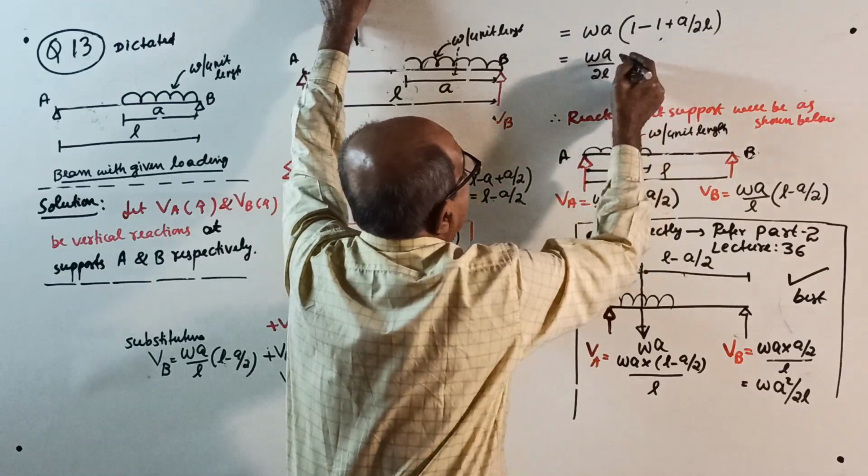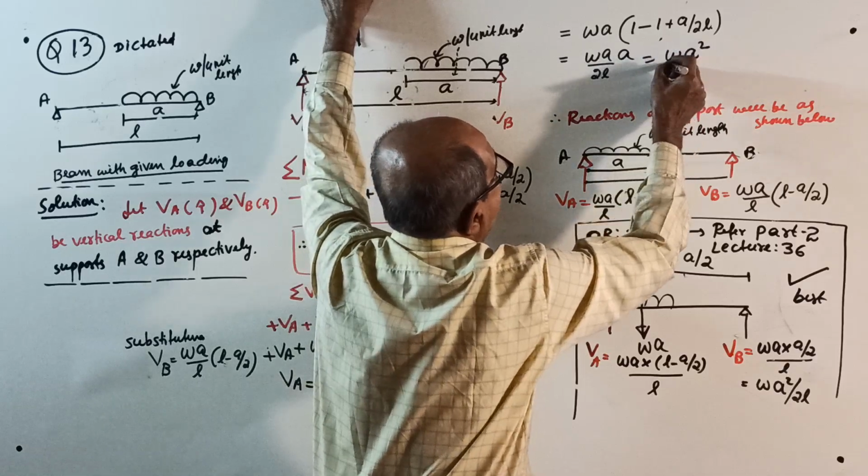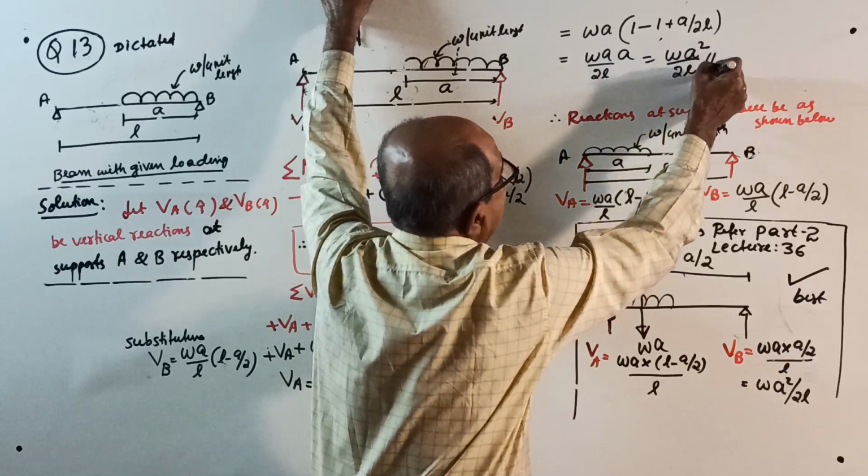WA by 2L into A, or W A square by 2L, is the answer.